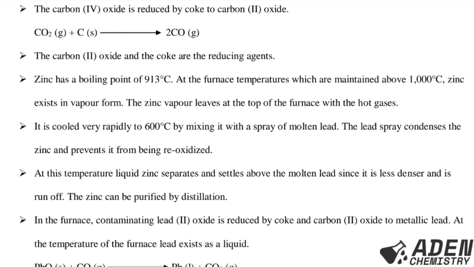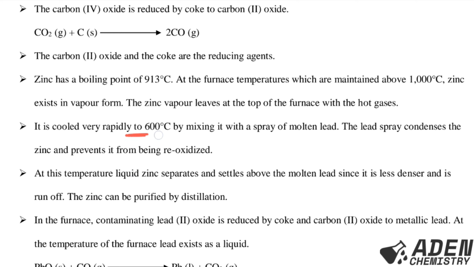So next we are saying at this temperature, liquid zinc separates and settles above the molten lead. We are talking about after it has been cooled very rapidly to a temperature of 600 degrees Celsius, because at 600 degrees Celsius, remember, zinc will exist in a liquid form, not in a vapor form, because the boiling point of zinc is 913 degrees Celsius.